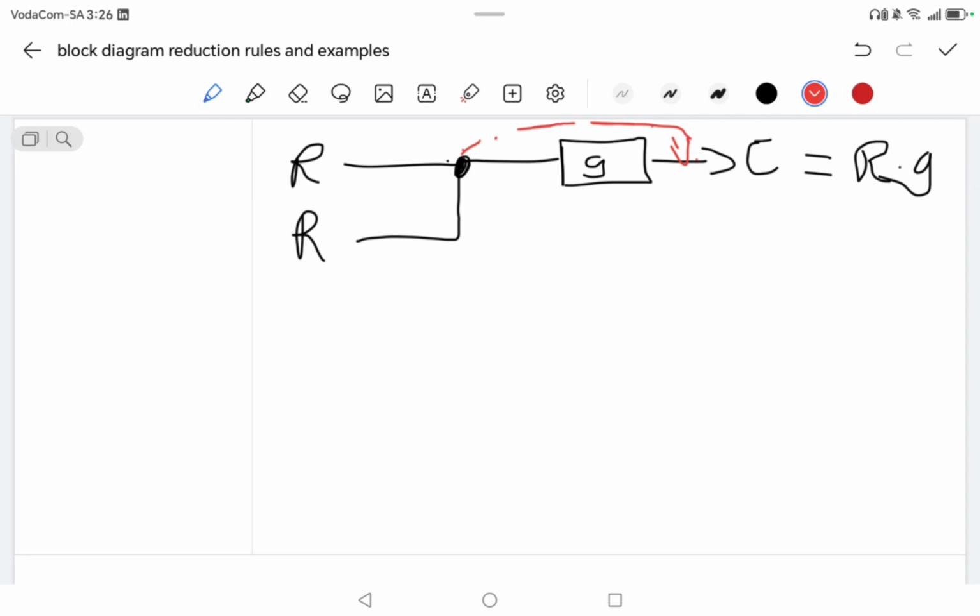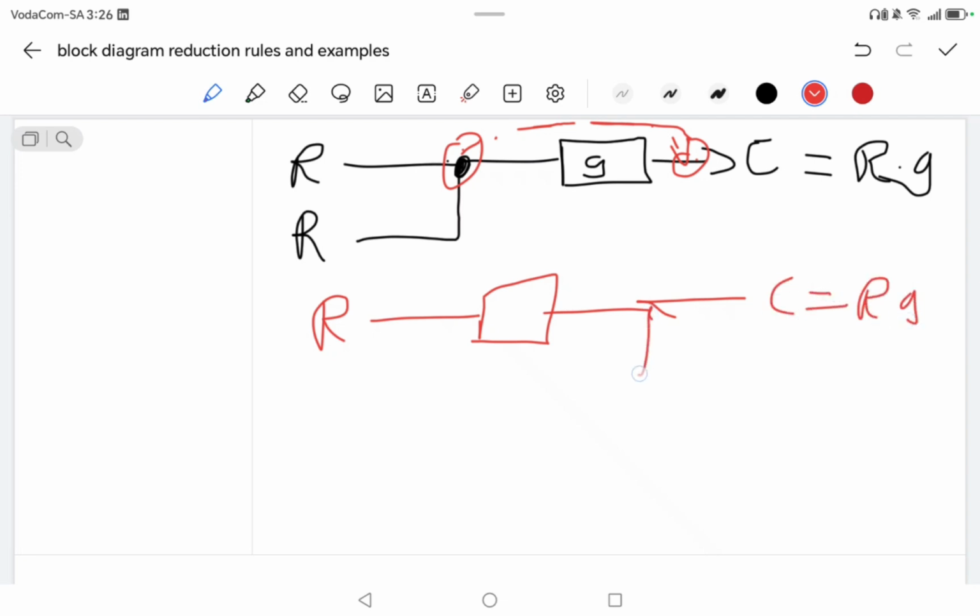So what is it that we're going to do? We have to take this side. So R will remain alone without a point, and it goes that side. Here we're still going to have our C, which is RG, and here of course it should be RG as well, because we haven't introduced this side. Now we need to end up with an output of R, right?